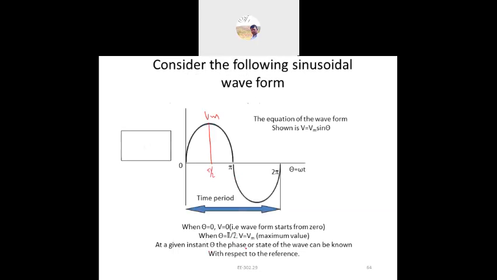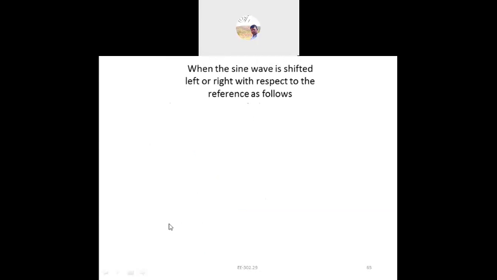Theta is the phase. At a given instant, θ is the phase or state of the wave, which can be known with respect to the reference. Here is the reference. Let's see when the sine wave is shifted left or right with respect to the reference.